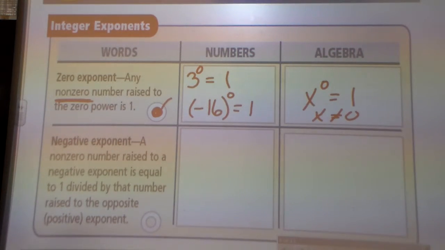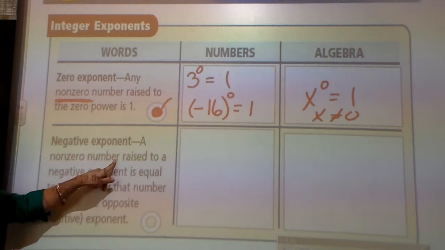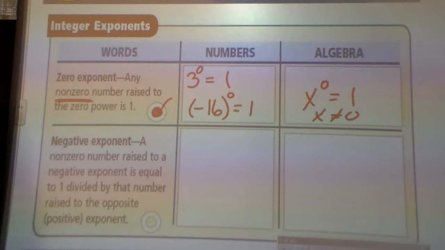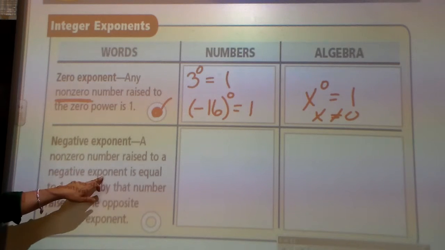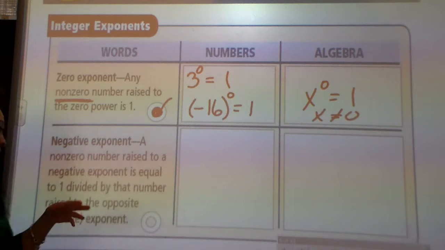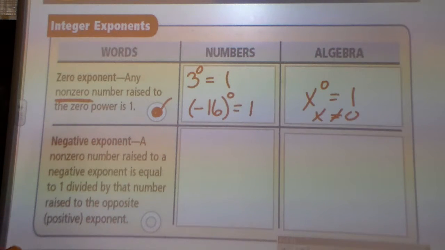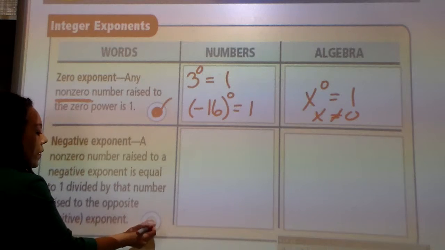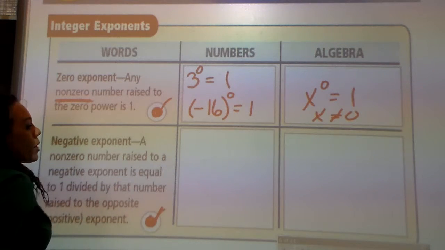Now for a negative exponent, again, a non-zero number. A non-zero number is a number that is not 0. It's any other number. Okay? It's raised to a negative exponent is equal to 1 divided by that number with the positive exponent. If you heard me, fill in that circle and make a little check mark for credit.